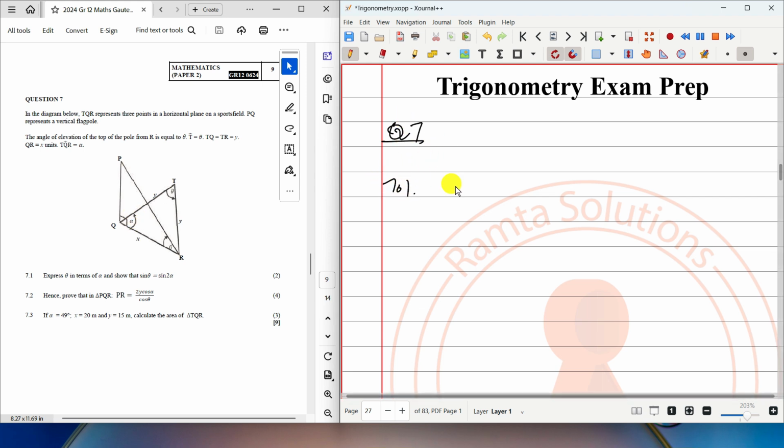7.1, they say show that sine theta is equal to sine 2 alpha.